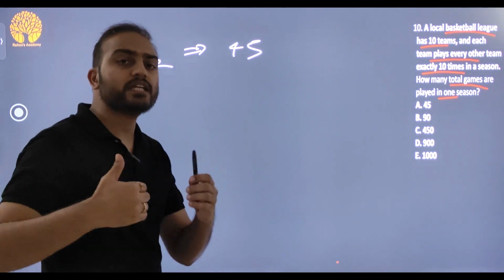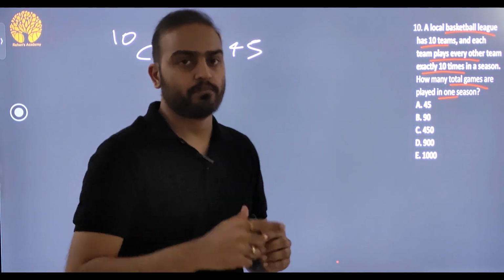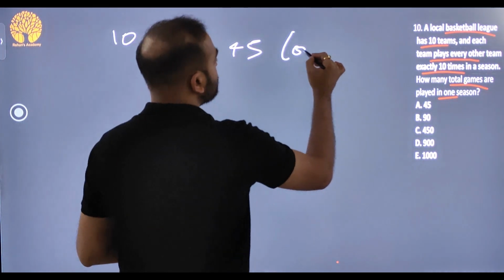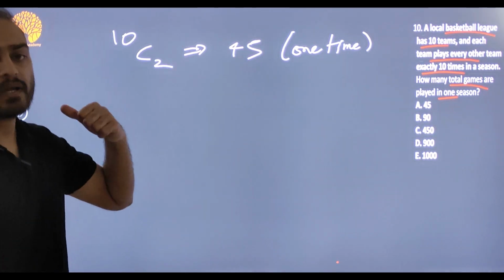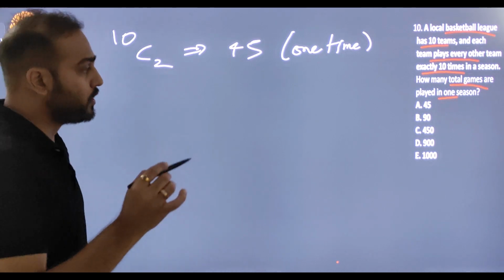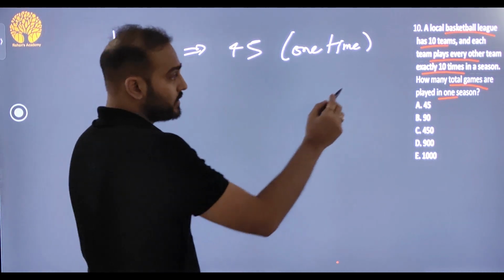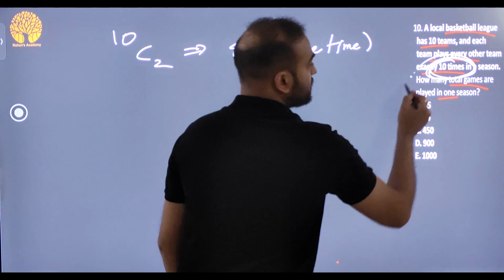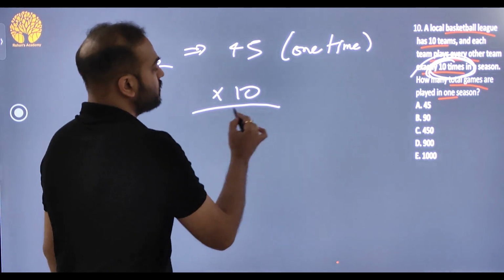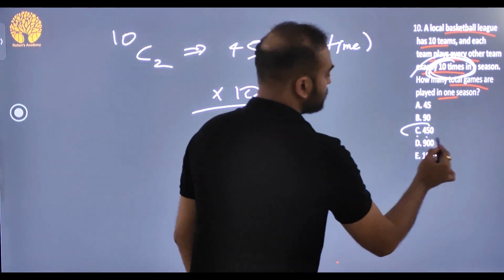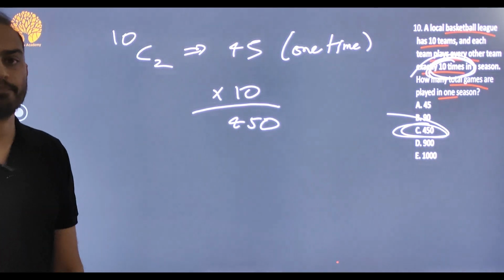That means if each team plays the other a single time, there are 45 matches that will happen. Now, don't rush. Read the question. Each team is playing the other 10 times. So the number of matches will become 10 times 45, which is 450.